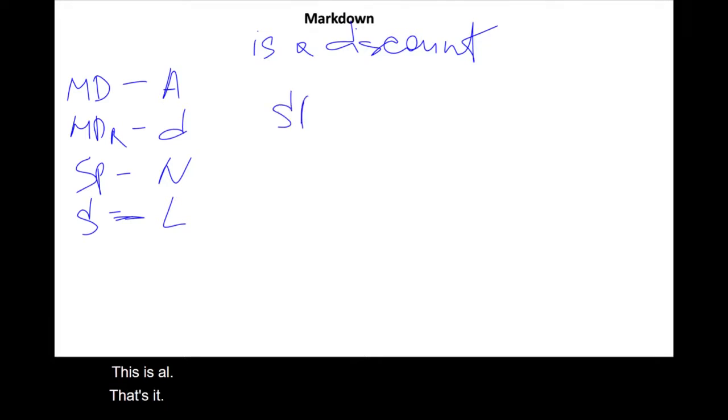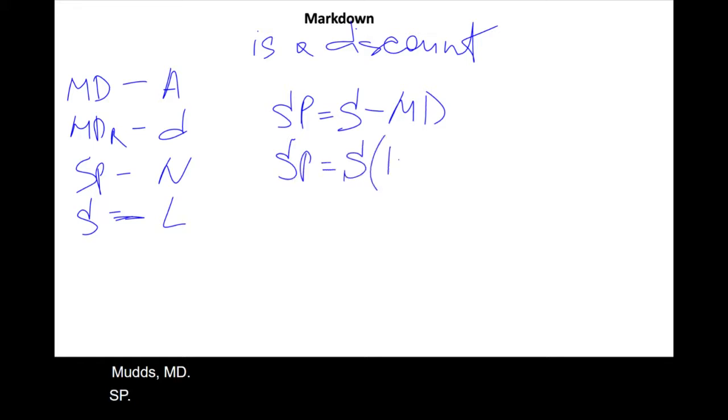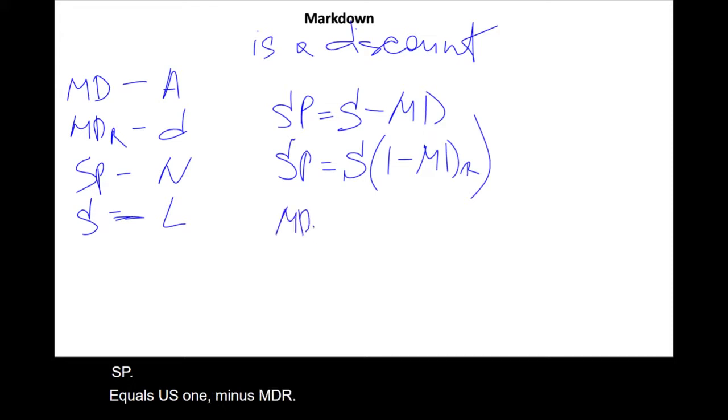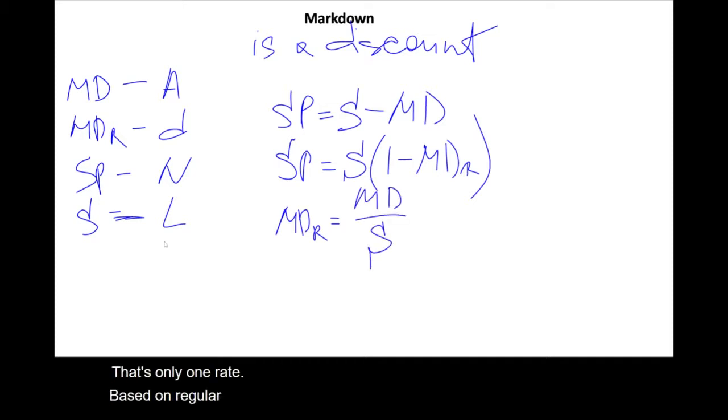So SP equals S minus MD. SP equals S times (1 minus MDR). And MDR, that's only one rate based on regular selling price.